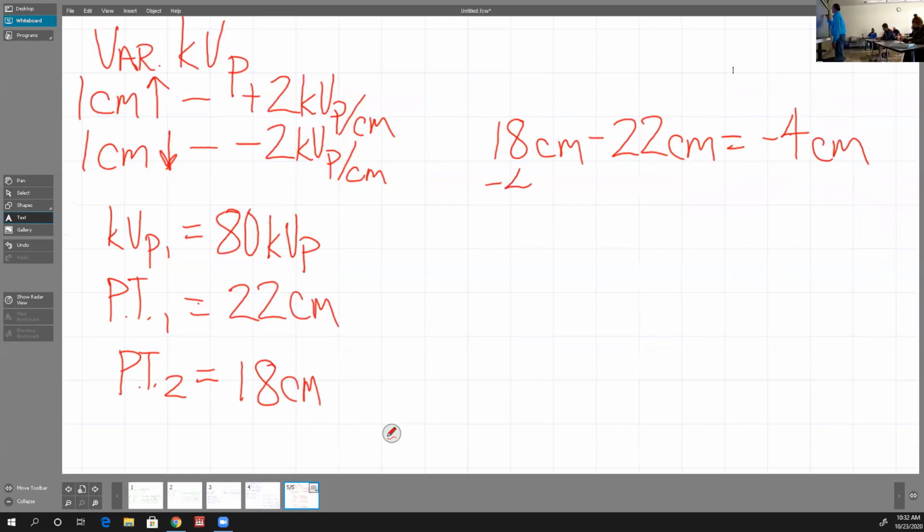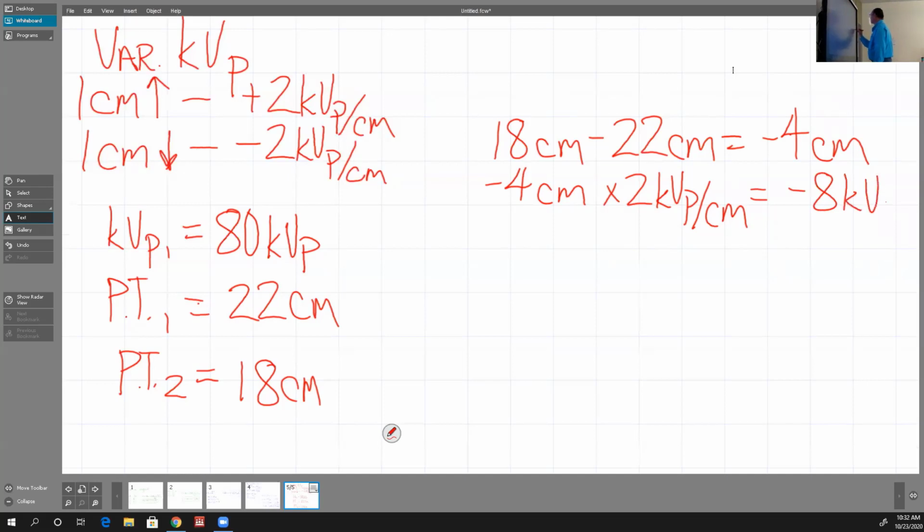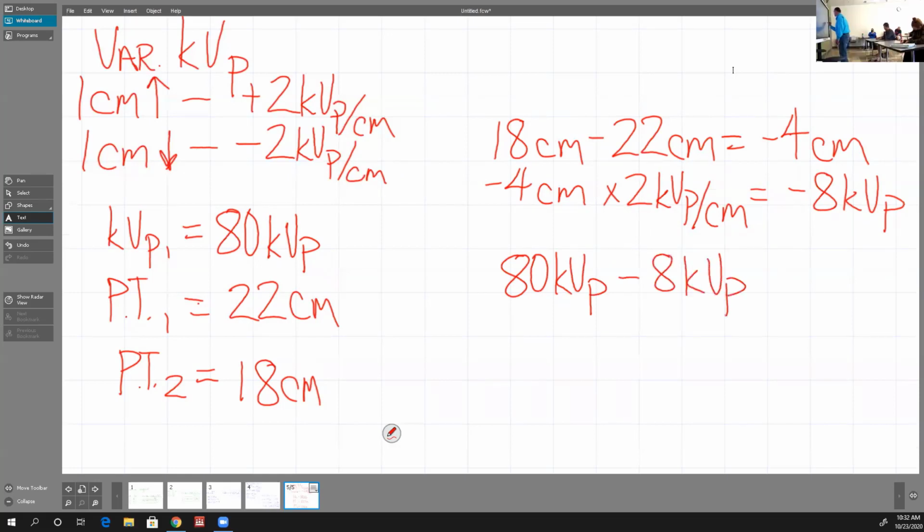Take negative 4 cm times 2 kVp per cm equals a negative 8 kVp. So then I'm going to take 80 kVp minus 8 kVp equals 72 kVp. Just like that.